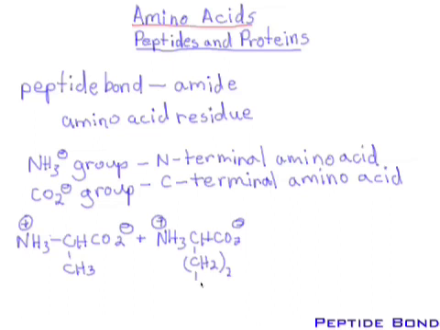Then we have an S and a CH3. What do we get? Well, the N-terminal residue is the alanine. The CO2 minus links up with the NH3 plus to make an amide bond.